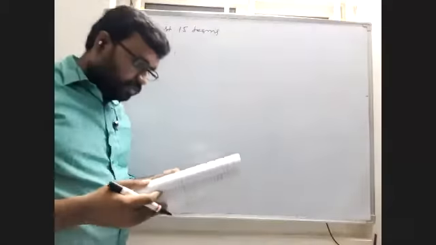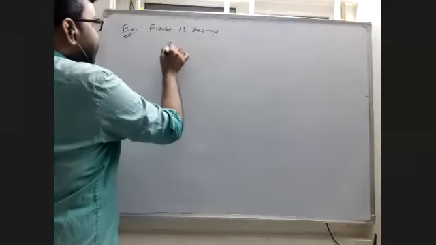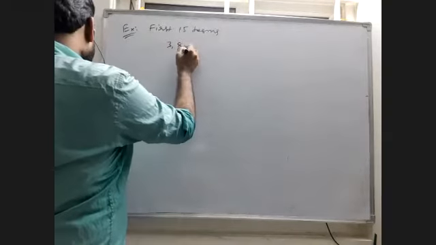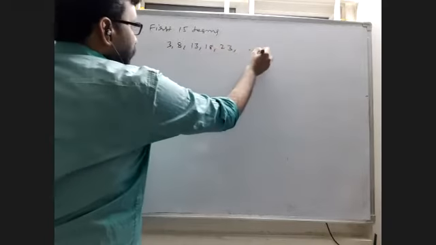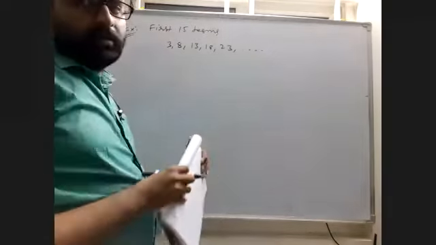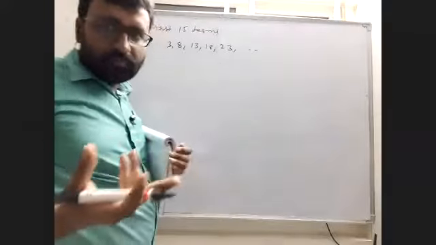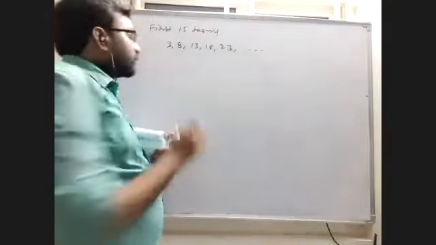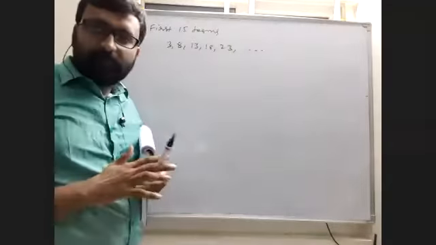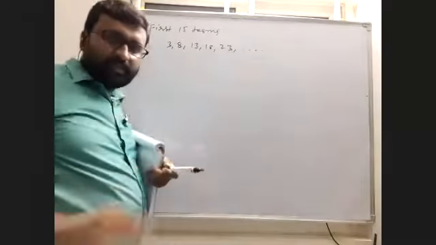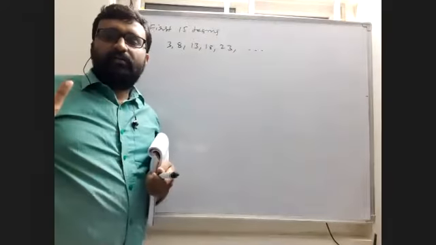15 terms of AP is given: 3, 8, 13, 18, 23, and so on. The last number, we don't know the last number. But total number of terms given what? 15 number of terms. In this AP series given 15 terms.